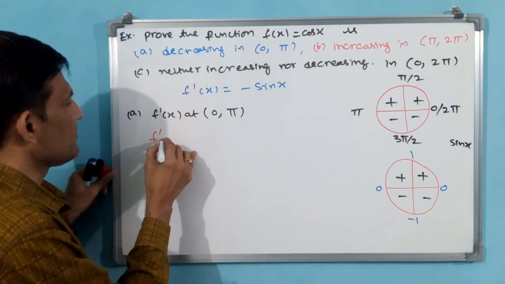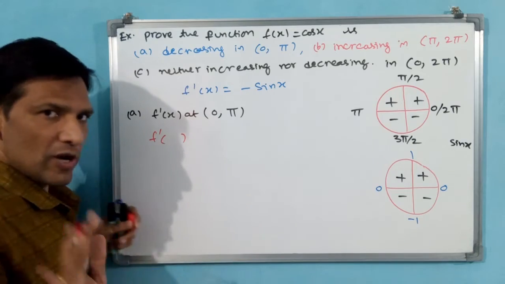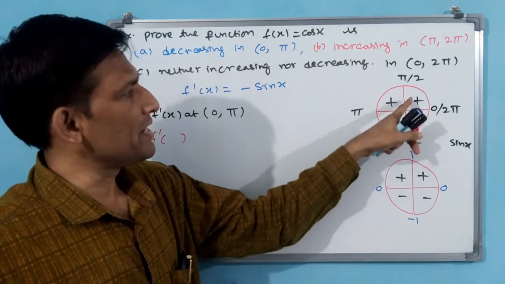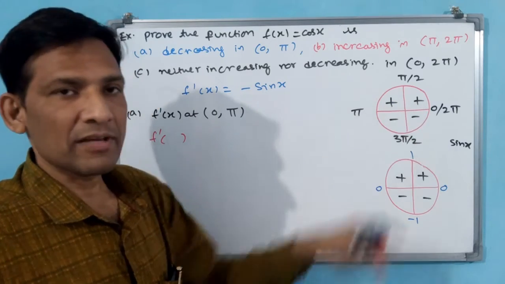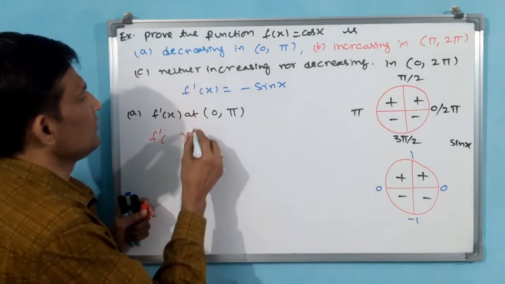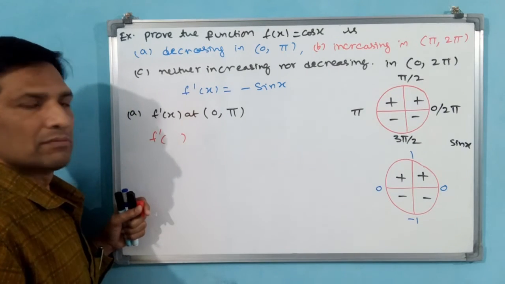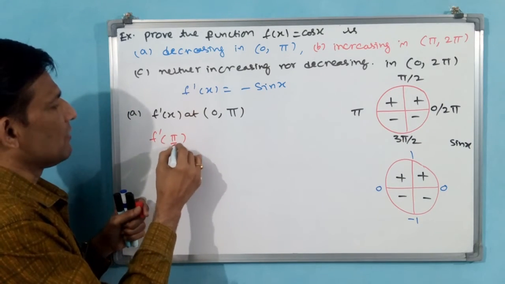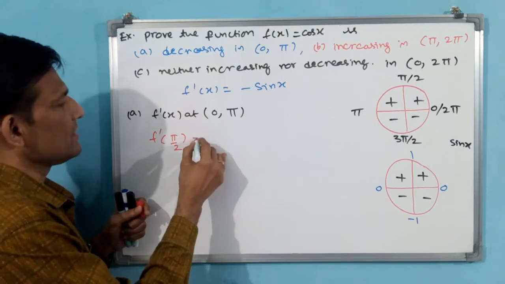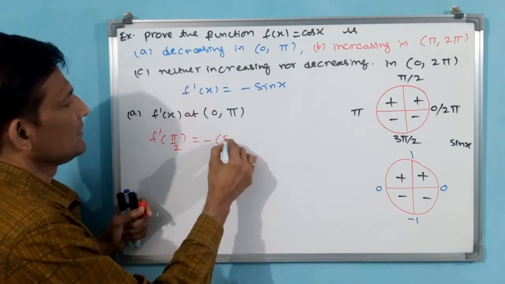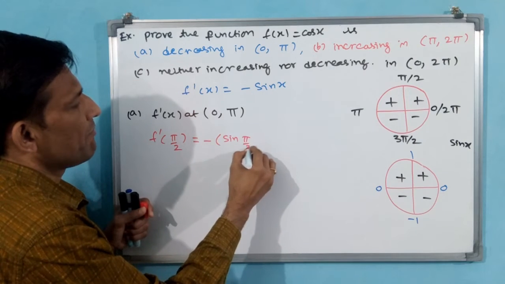From 0 to pi, any value if I take, whether this value is plus or minus, plus only. I am taking pi by 2. That is equal to minus of sine pi by 2.